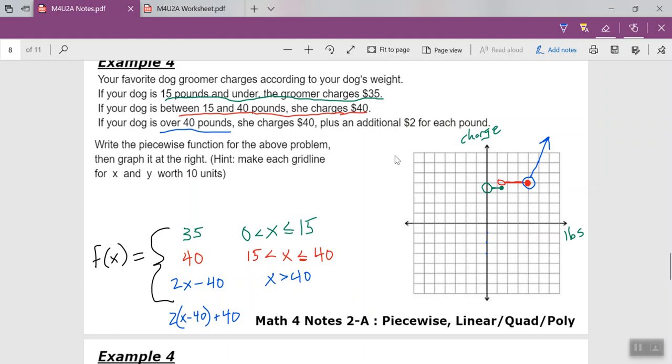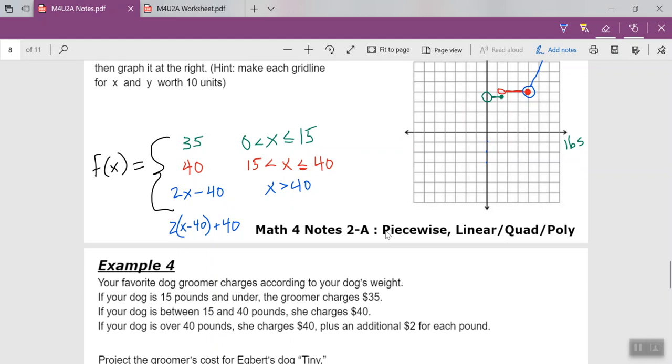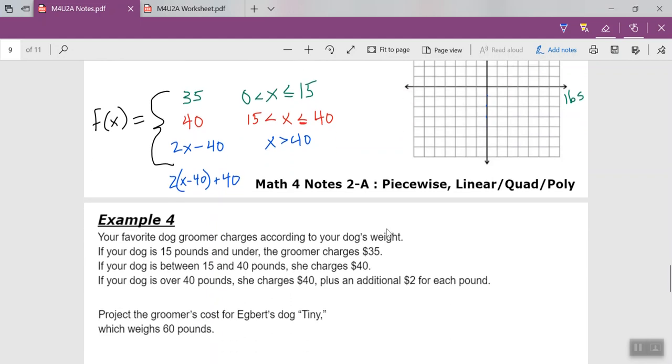Now, at this point, they ask you, so what about a 60-pound dog? Egbert's dog, Tiny, weighs 60 pounds. So the question becomes, if I have a 60-pound dog, is that going to be up here with the green or the red or the blue? 60 sounds like it is more than 40. So this is going to be with the blue.